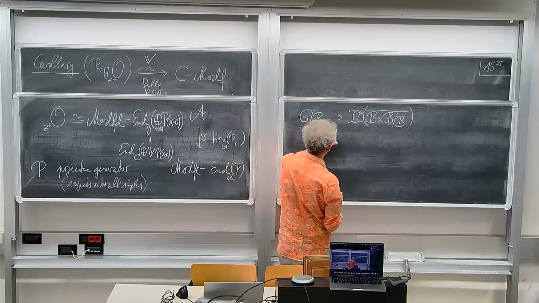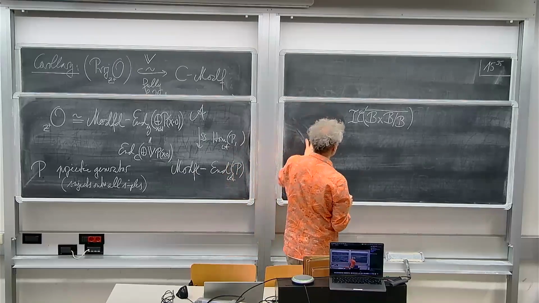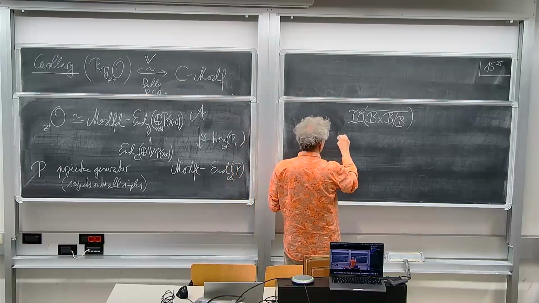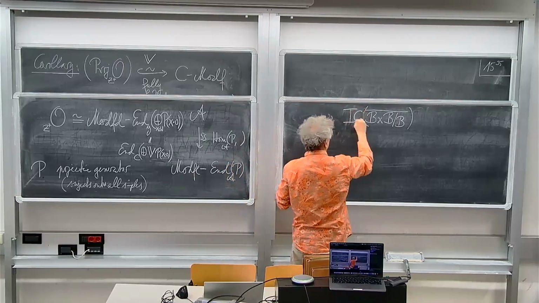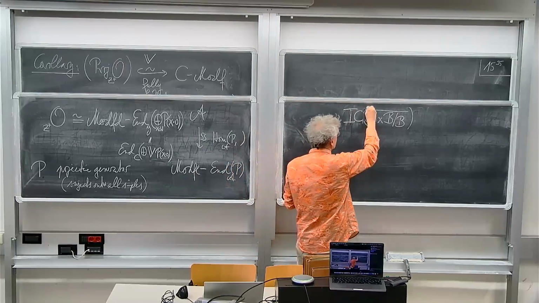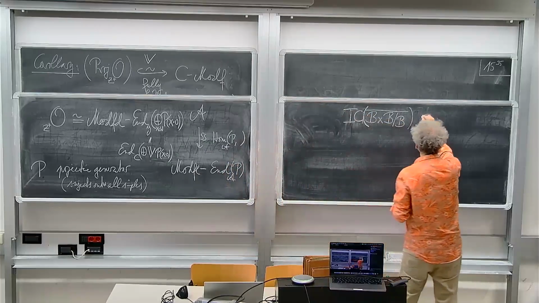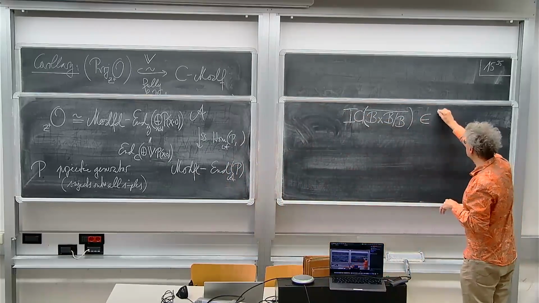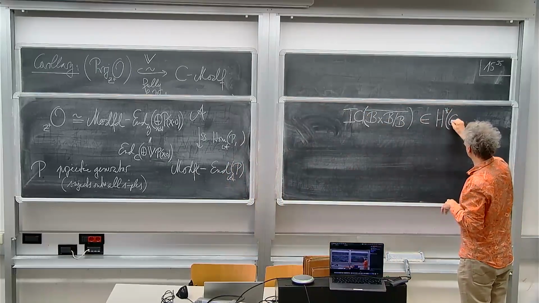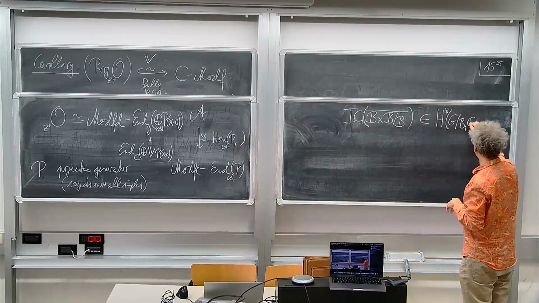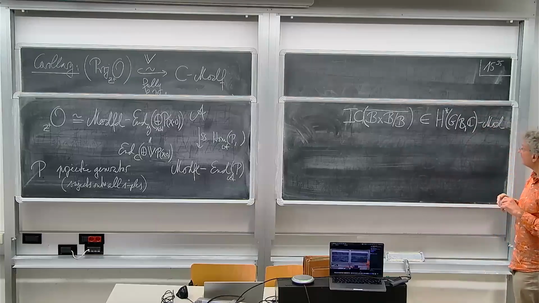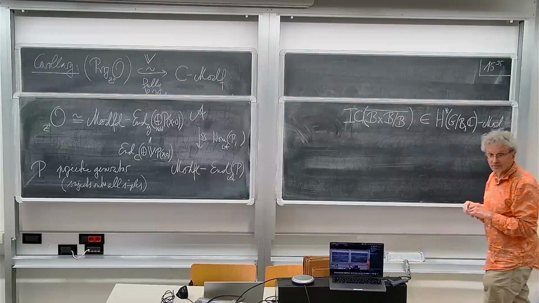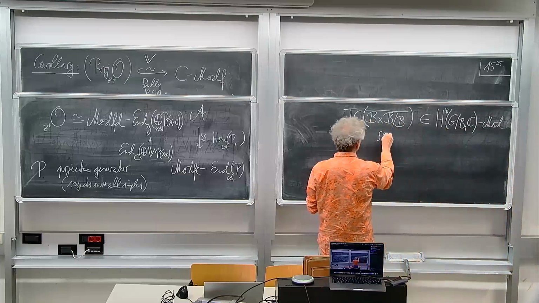And this intersection cohomology complex has a hypercohomology, which is a module over the cohomology of the flag variety. Okay, and the claim is that this is the same.